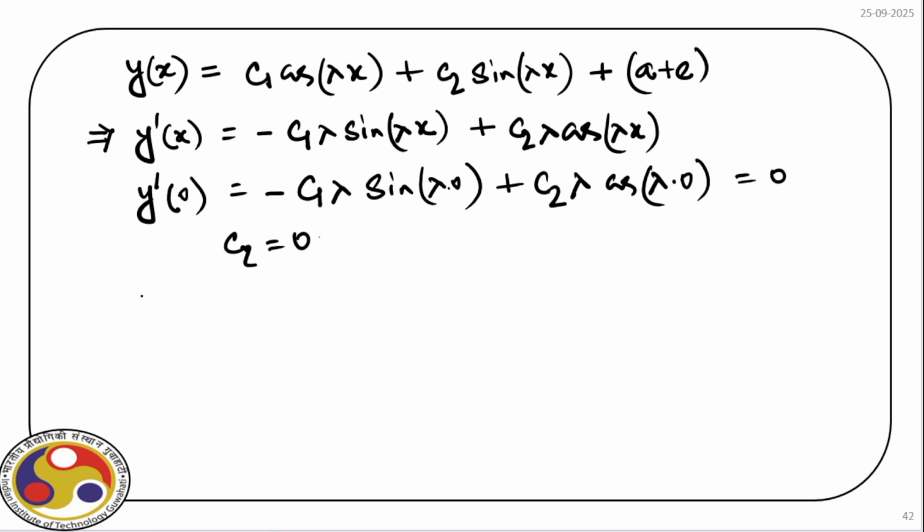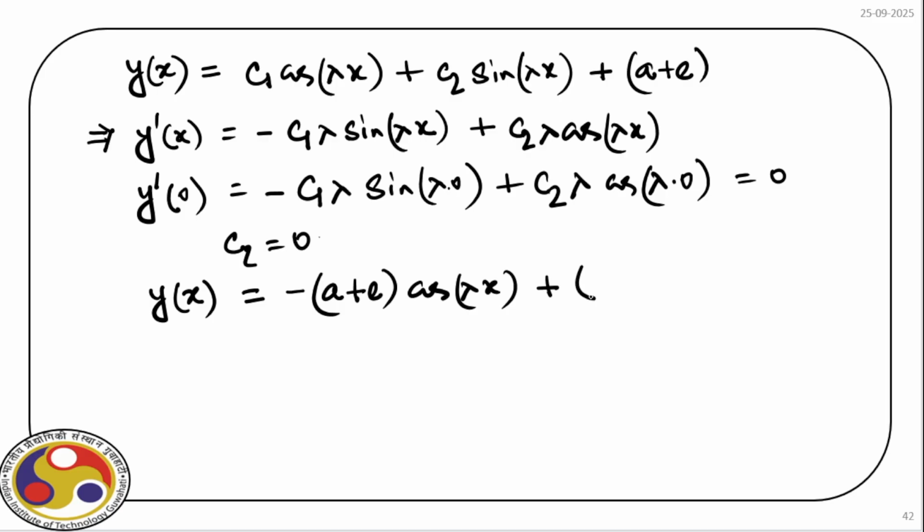So y of x is equal to C1, which is minus (A plus E), times cos of lambda x, plus C2 is 0, so the remaining term is A plus E. So what we have is (A plus E) times (1 minus cos of lambda x).